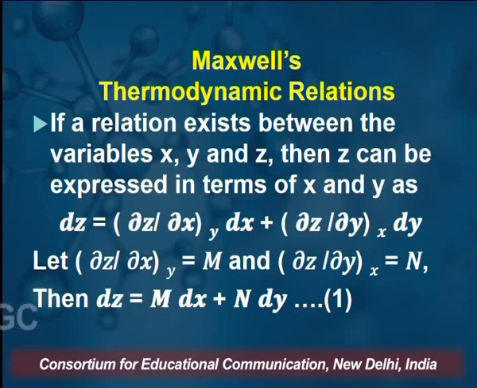Let us represent (∂z/∂x) at constant y as M and (∂z/∂y) at constant x as N. Substituting this, we get dz = M dx + N dy. Call this equation 1.